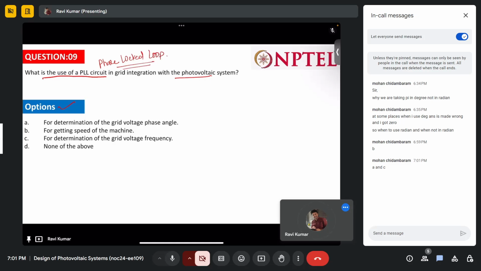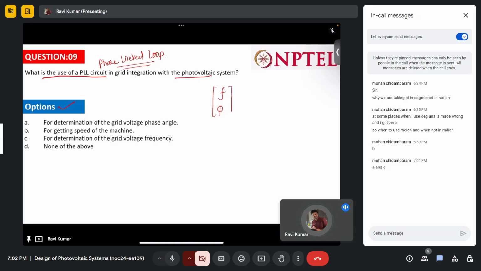Okay, A and C. Yes. So what are the requirements when we put some power to the grid? First is frequency and second is phase. So this phase and frequency should match, and that is the role of this PLL circuit.